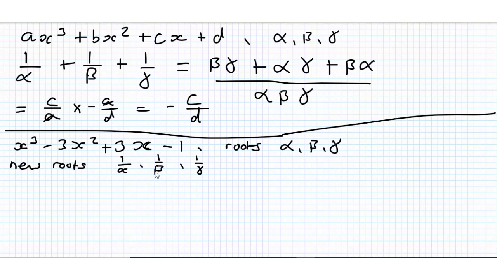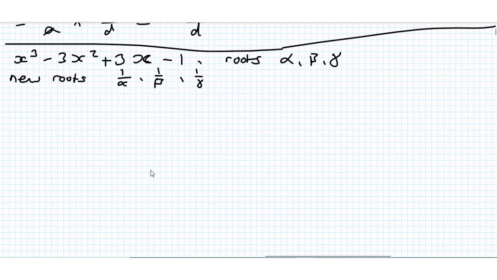To know the coefficients, we need the sum of the roots. So the sum of the roots is 1 over alpha plus 1 over beta plus 1 over gamma, and from what we've shown just above, that's equal to minus c over d, but in this case c is equal to 3 and d is equal to minus 1, so this is just equal to 3.